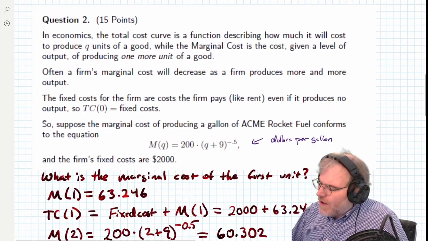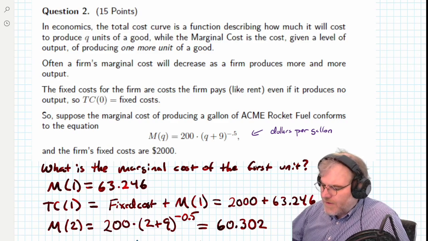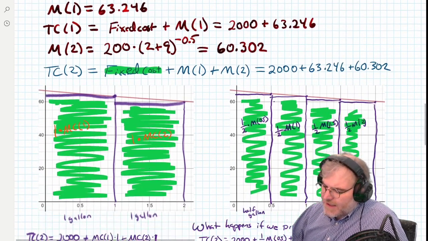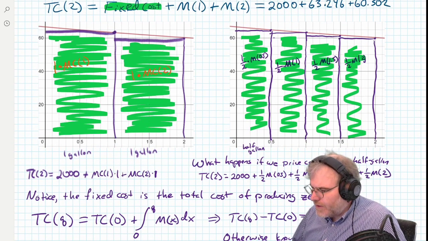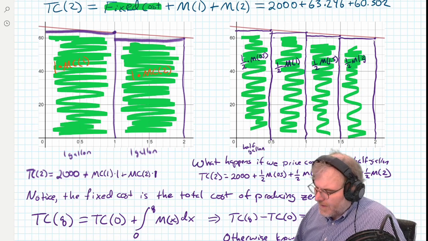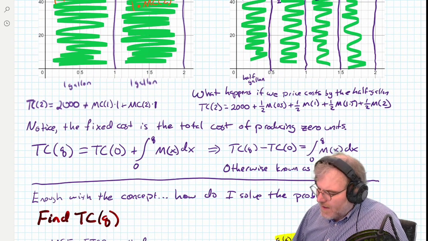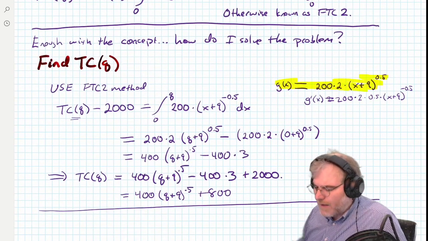And then we talked about the dollars per gallon, the rocket fuel problem, and the concept of what I was actually doing was taking a Riemann sum, and I wind up with FTC2 right here. Then I said, okay, enough with the concept, how do I solve the problem? And I solved the problem.